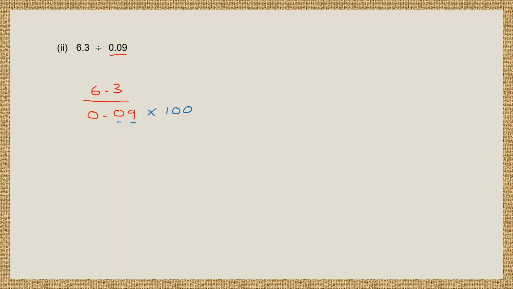So if I do that for the denominator, I must do that for the numerator too. So now what do I get? The denominator, the point has moved 2 places and it has become 9. Numerator, the point has to move 2 places to the right, 1, 2. So that means it will come here and I need to fill this with a 0. So my number on top now is 630.